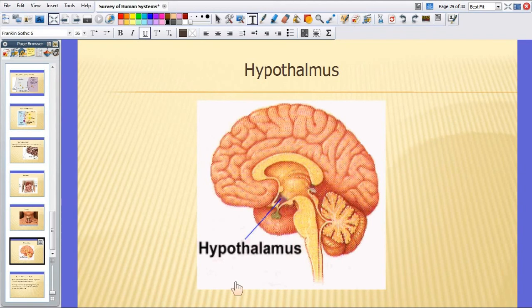It produces vasopressin, and I talked to you about this when I talked about the posterior pituitary. It also produces hormones that regulate the production of other hormones in a way similar to the pituitary gland. It regulates the growth hormone produced by the anterior pituitary gland and thyroxine produced by the thyroid.